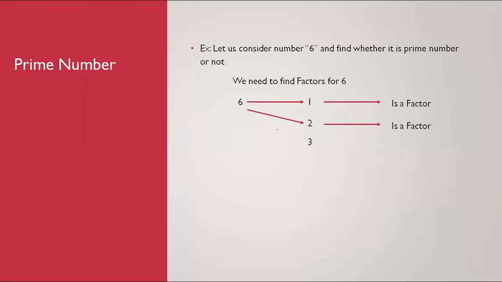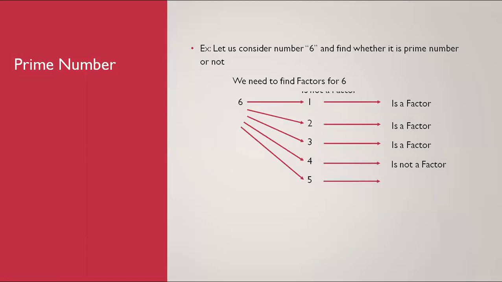Then 3 again is a factor because 3 times 2 is 6, right? 4 is not a factor, it leaves a remainder 2. And 5 is not a factor because it leaves a remainder 1. And obviously 6 is again divisible and leaves a remainder 0, which means it's a factor.